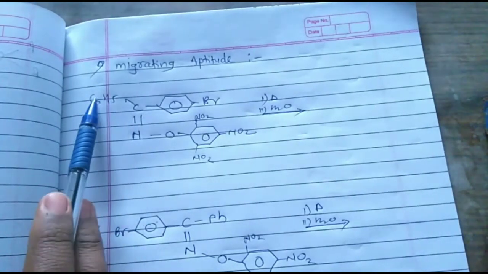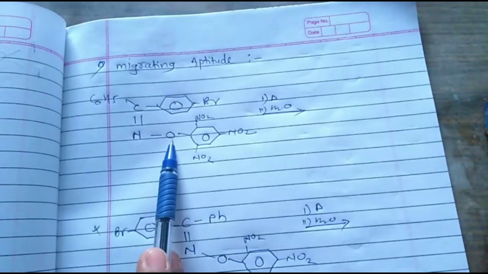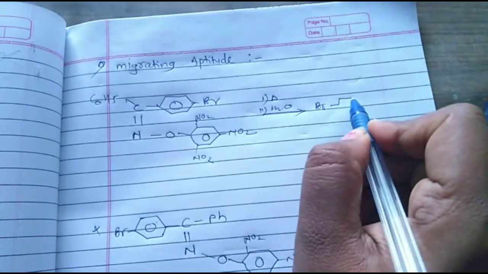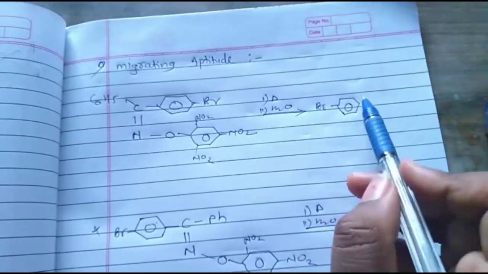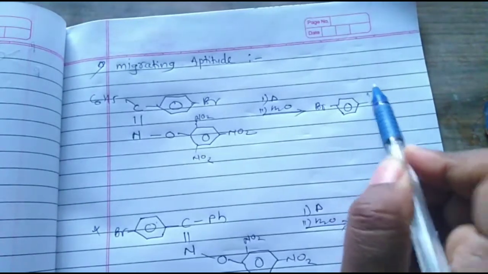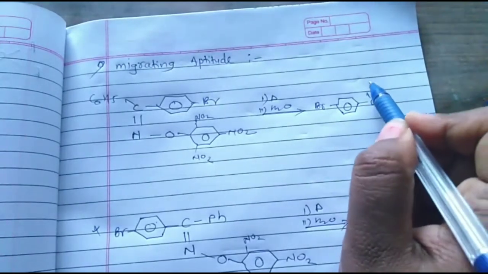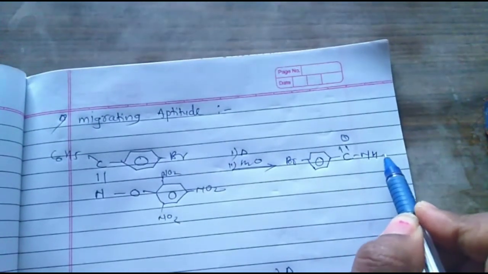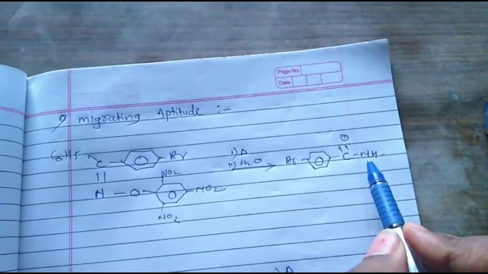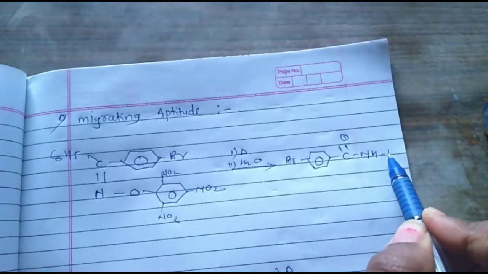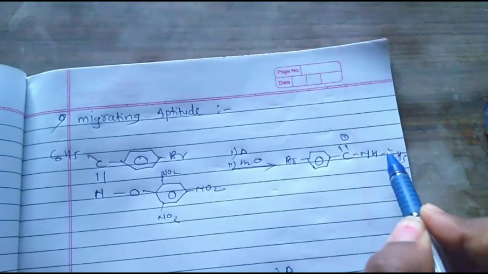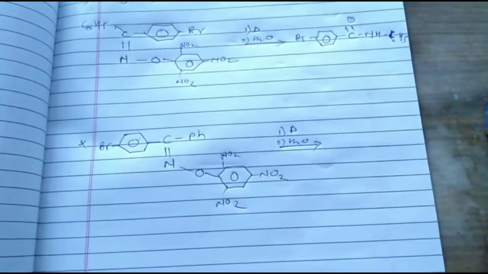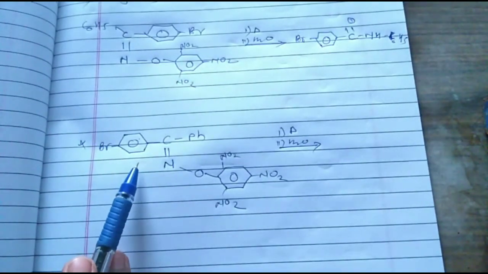Because this phenyl is anti to this OH group, and that's why here we get the product, that is C double bond O, NH, and here this phenyl group has migrated to this nitrogen, that is C6H5.